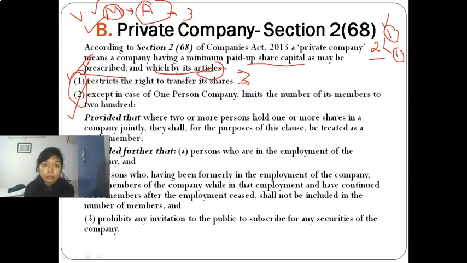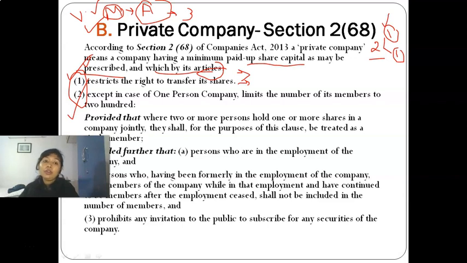There is a certain procedure to be followed: you need to pass a board resolution. First of all, you need to offer these shares to the members who are there in the company, and if these members deny subscribing to these shares, and they allow you, then only you can offer these shares to an outsider.